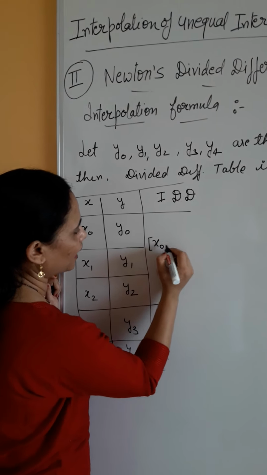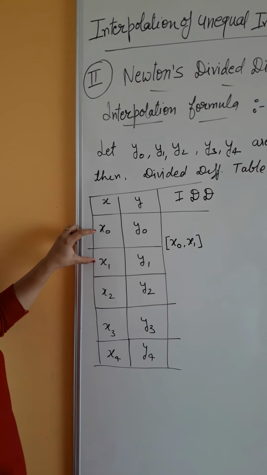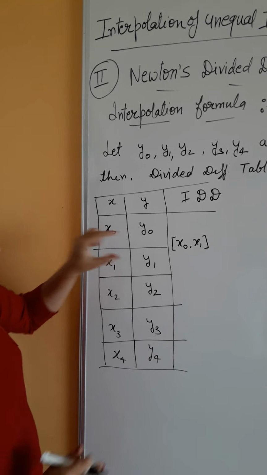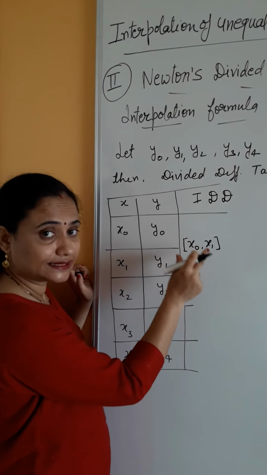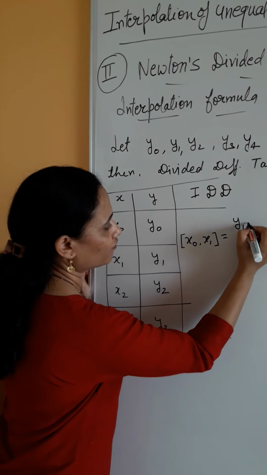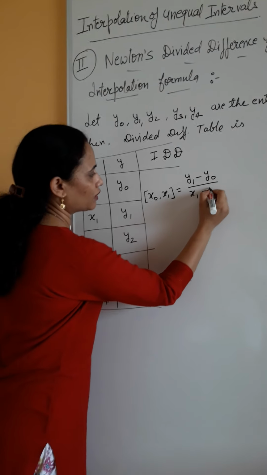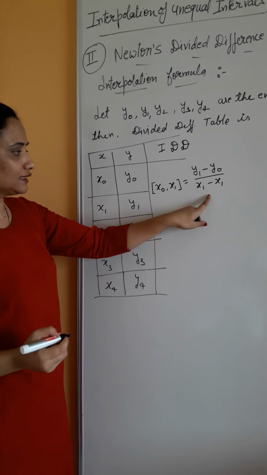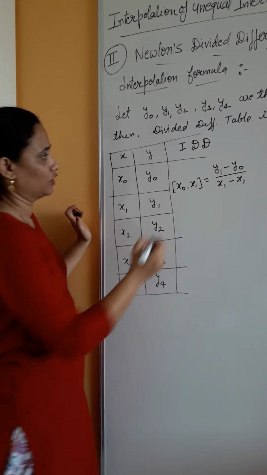It is denoted by [x0, x1], the first two values enclosed in a big bracket. This is the standard notation. This is equal to (y1 minus y0) divided by (x1 minus x0). This is the first divided difference corresponding to these values.